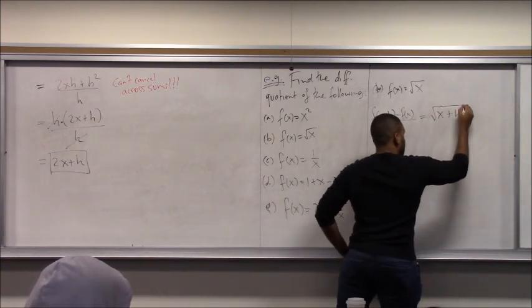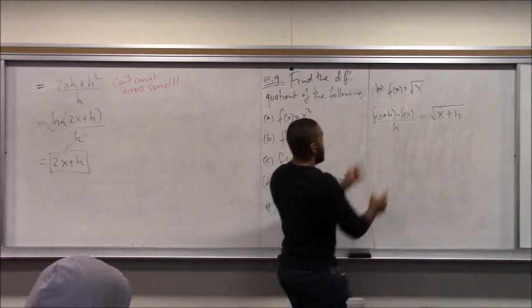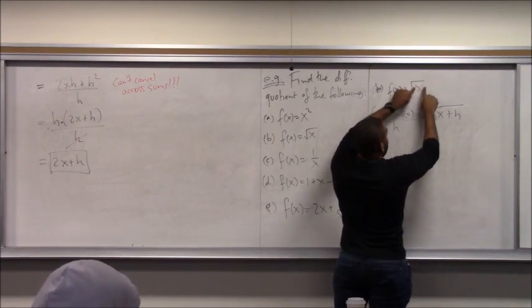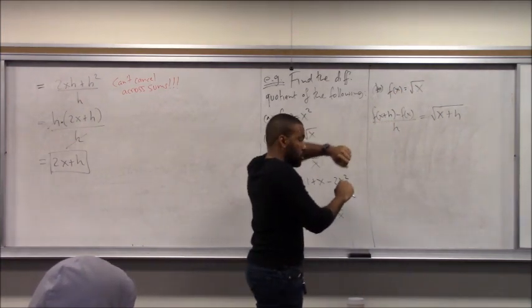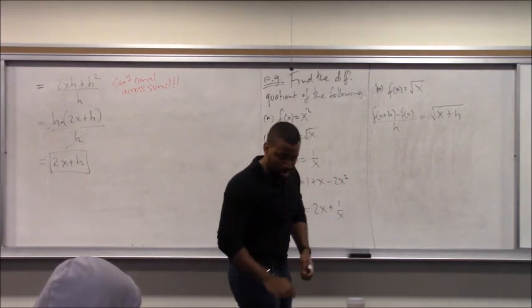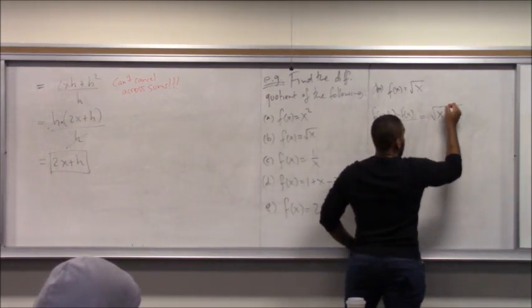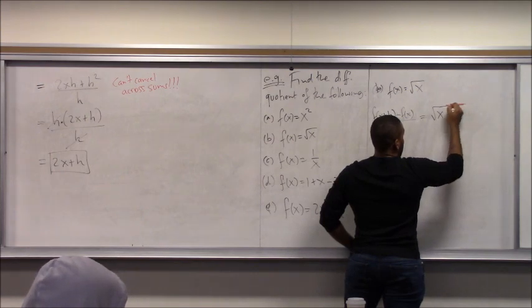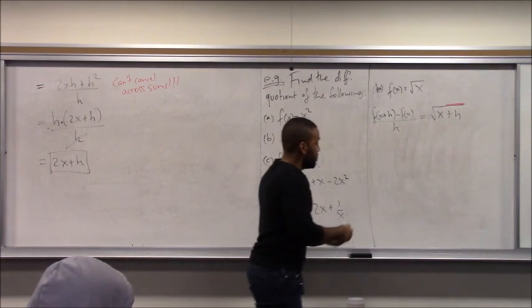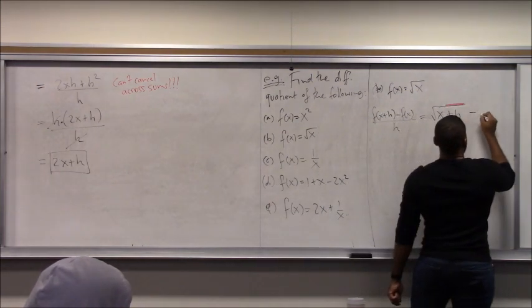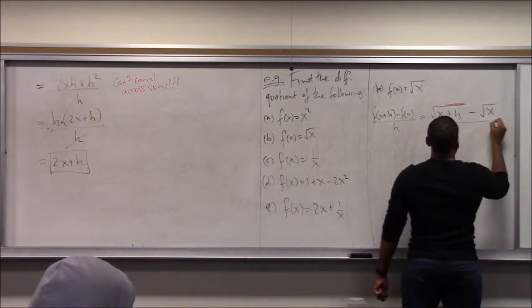You have to write that. The x plus h must replace the x. The entire thing must be under the root. It's very important that you're sure to extend this to cover the h. Right? Minus the function square root of x, all over h.